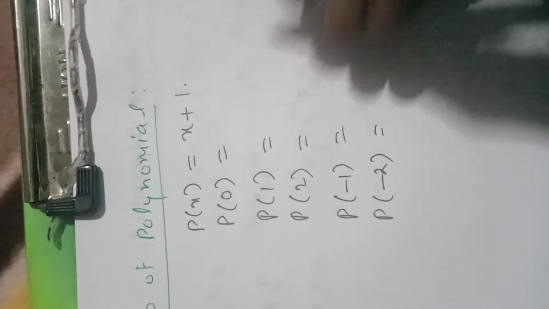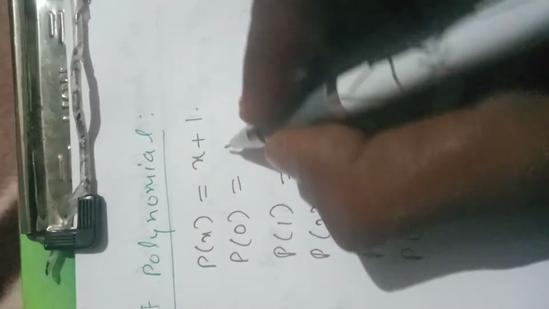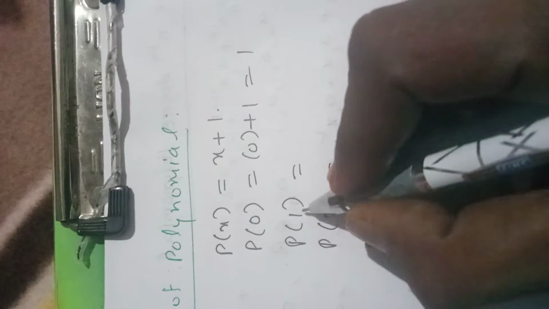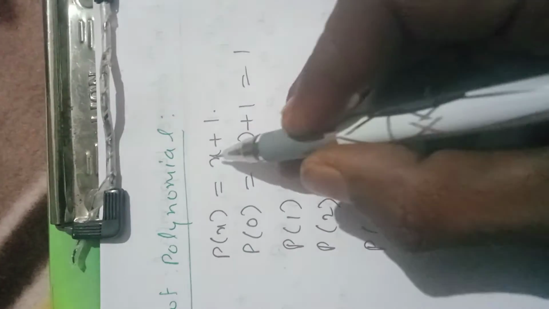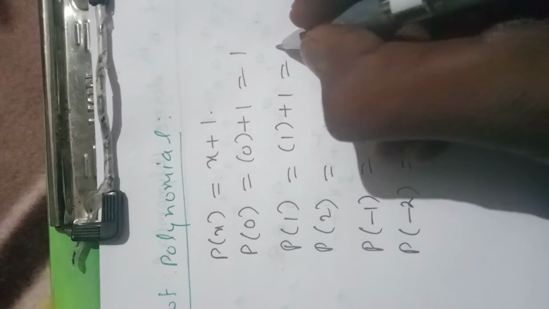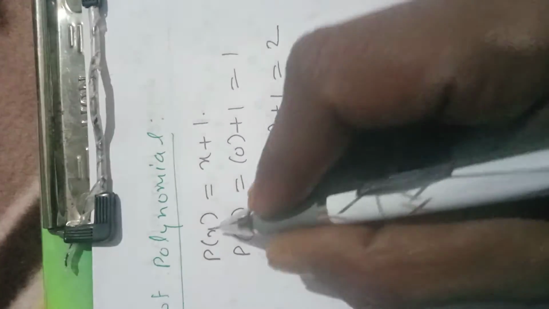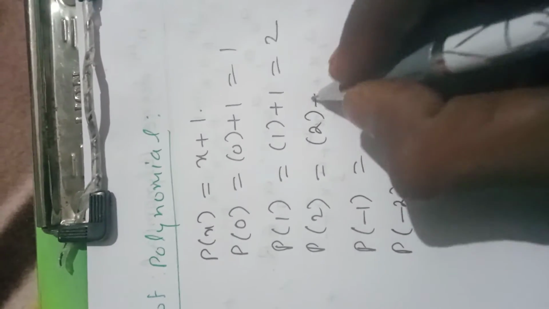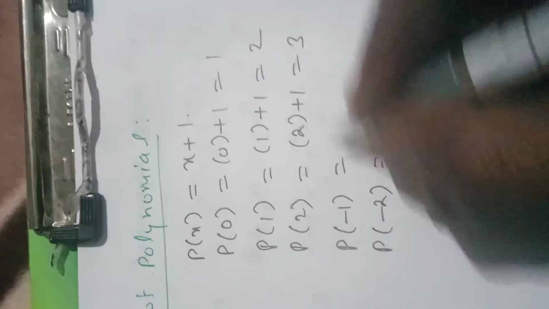If I write 0 in the place of x, you will get 1 here. Now how do you find p of 1? Wherever there is x, we need to write 1 there. So 1 plus 1 becomes 2. If I write x equal to 2, then it becomes 2 plus 1, which is equal to 3.